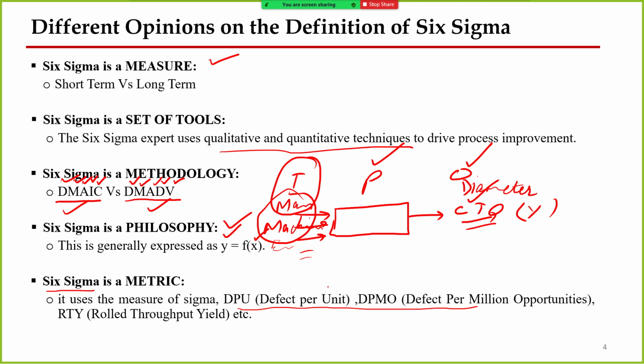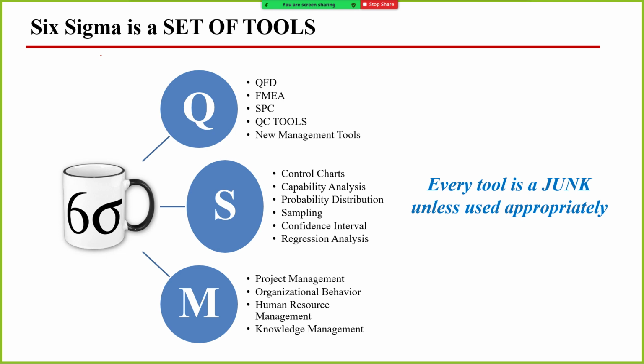Now, what I am going to do is discuss these different types of opinions one by one. So let me first discuss Six Sigma as a set of tools. As we have discussed earlier, when we say Six Sigma is a set of tools, it contains some qualitative and quantitative tools. Basically, Six Sigma has three sets of tools. Some are related to quality management, some are purely statistical, and some are related to management.